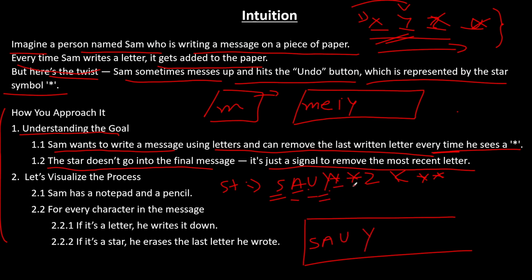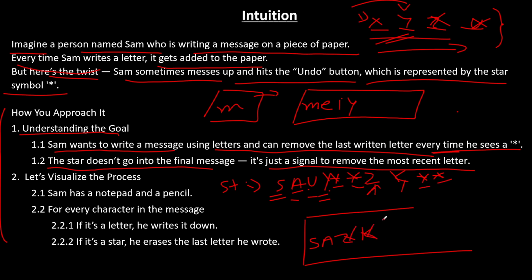Then he encounters an asterisk, which means he has to undo. And undo means undoing only the last or the most recently updated thing, right? So the most recently updated was Y in this case. So you remove Y. Fine. Again you encounter an asterisk, so you remove U. Then after that you encounter Z, then you encounter K, right? Then again you encounter an asterisk, so K gets removed, again an asterisk, and that gets removed.